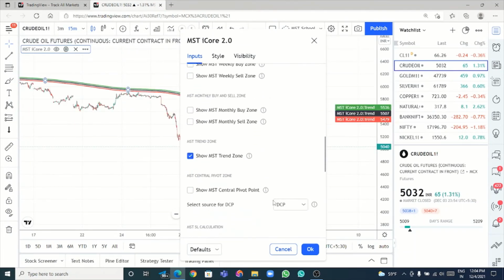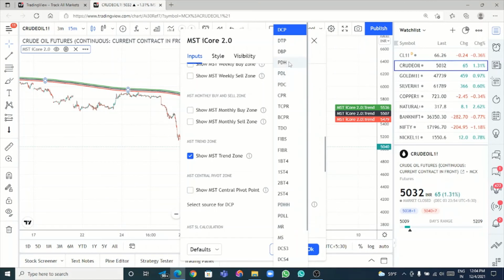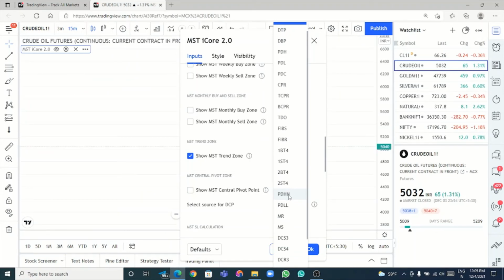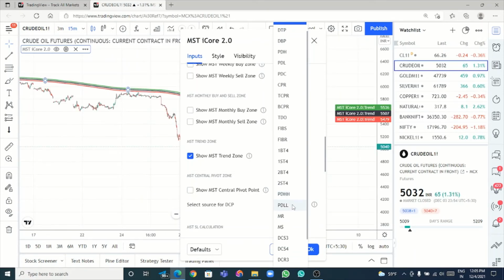So in the same line, if you want, you can enable PDH, previous day high, previous day low, previous day close, CPR, top CPR, bottom CPR, today open, Fibonacci reversal, 61.8 reversal downside, 61.8 reversal upper side, first buy fourth target, first sell fourth target, second buy fourth target, second sell fourth target, then maximum high, maximum low, then monthly resistance, monthly support, then weekly, daily resistance, support 3, 4, resistance 3 and 4, support 5 and resistance 5.